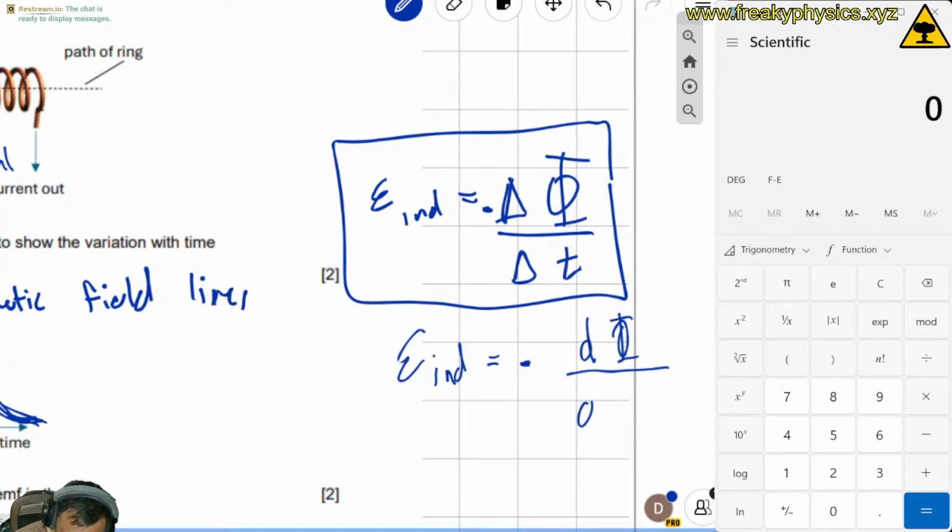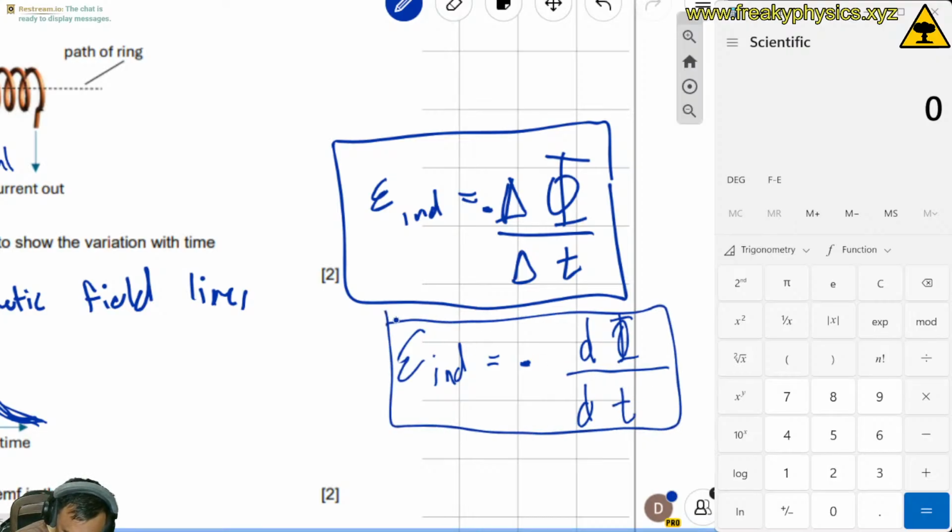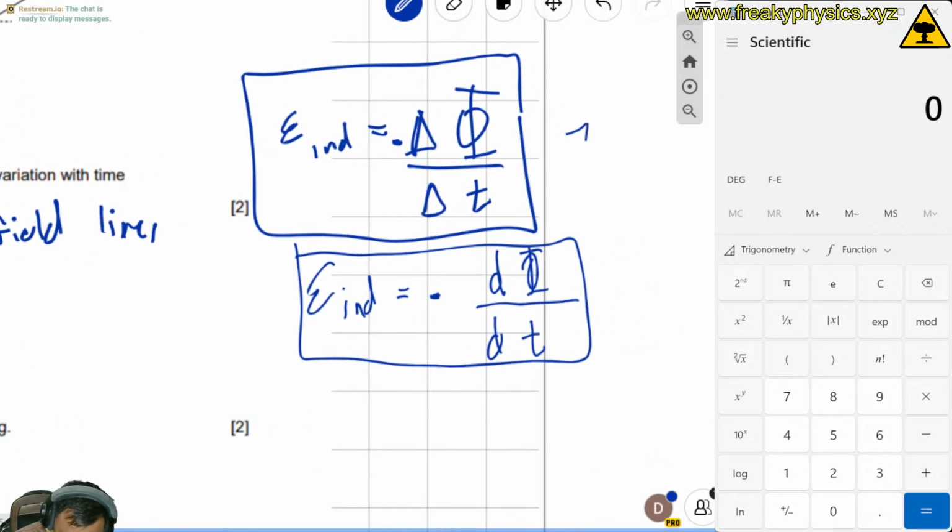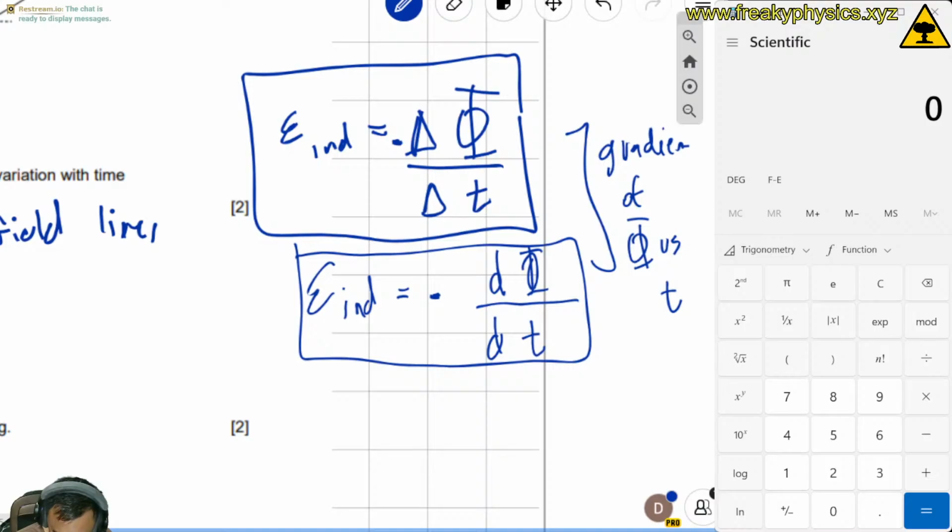Now, why is this important? Because if you know how to work with derivatives, then all you have to really understand is that this is the gradient, right? The gradient of phi versus t, right?